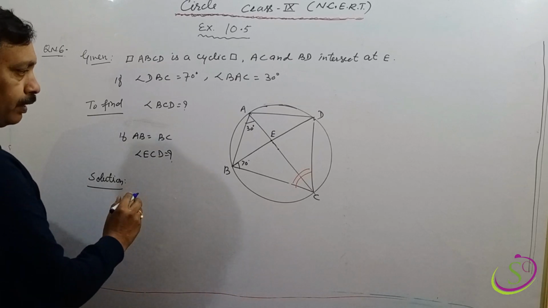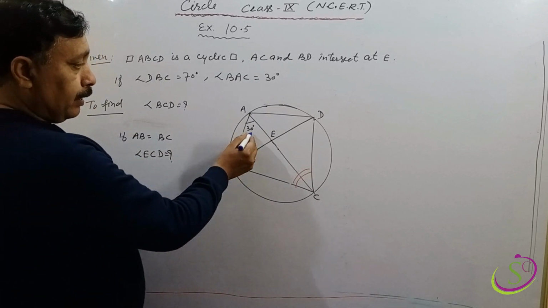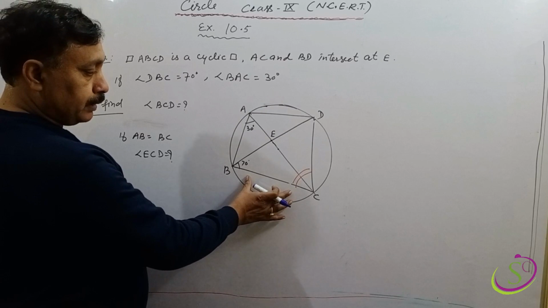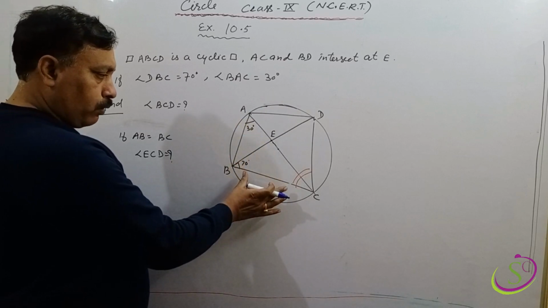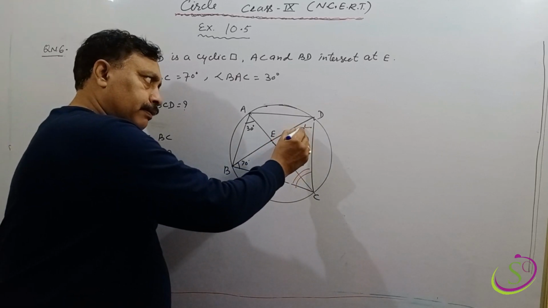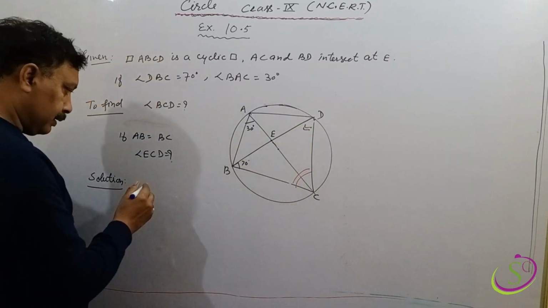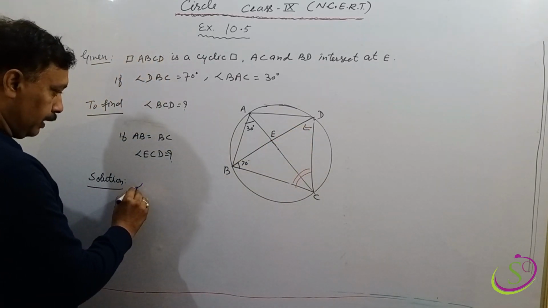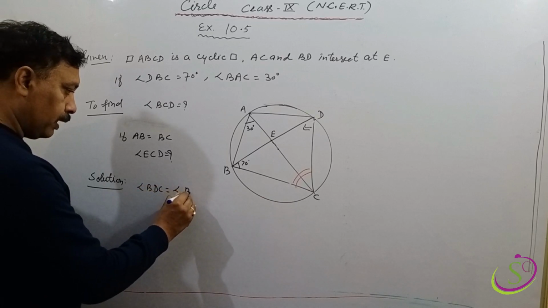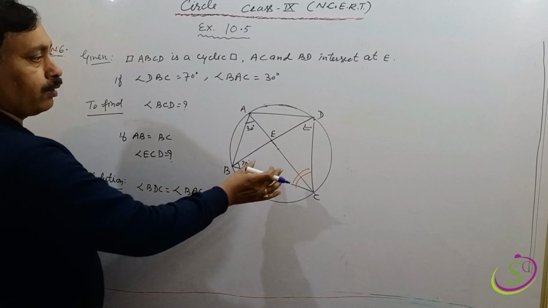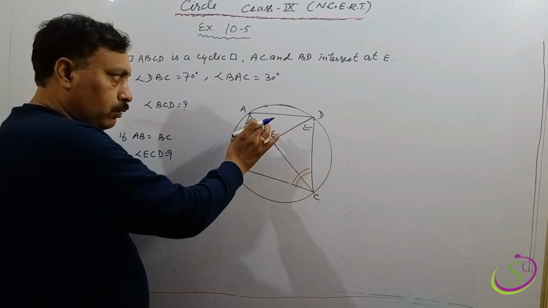So solution, look. Chord BC subtended angle 30 degree at point A, and chord BC subtended an angle at this point D. So here we can say that angle BDC will equal angle BAC. This angle will equal this angle.